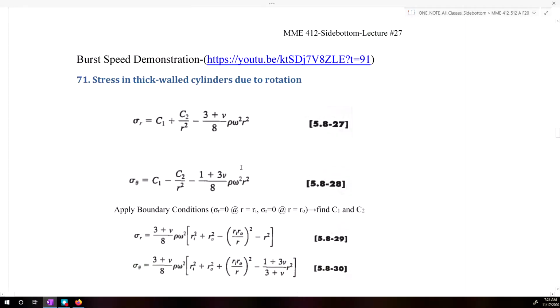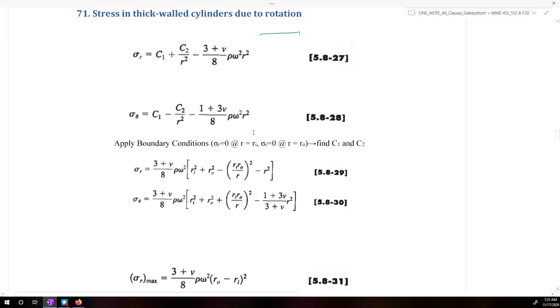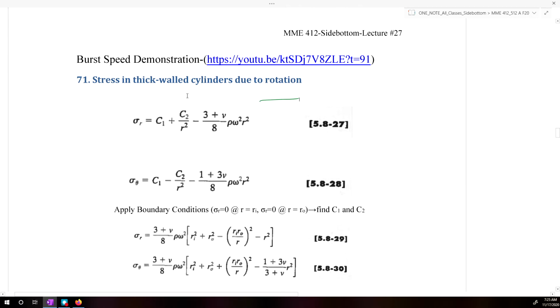We talked about, earlier in the last lecture, a case where we had no rotation.